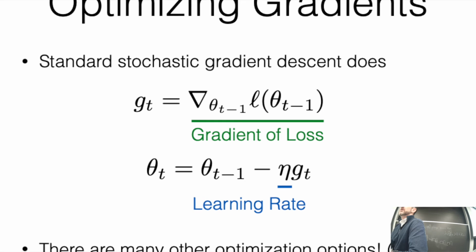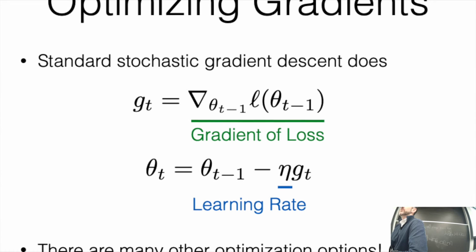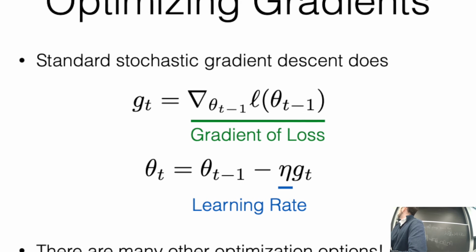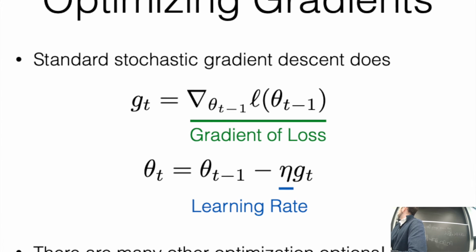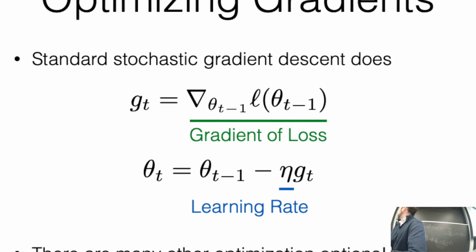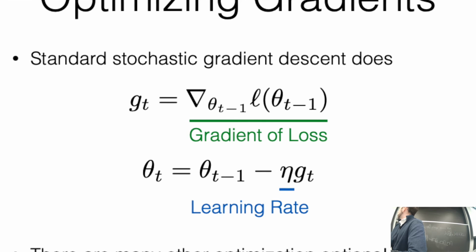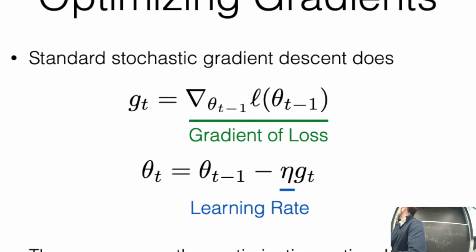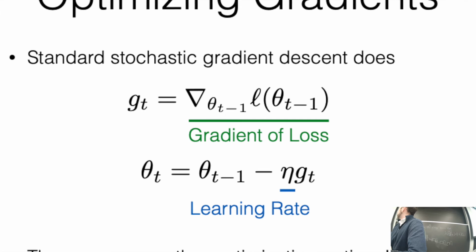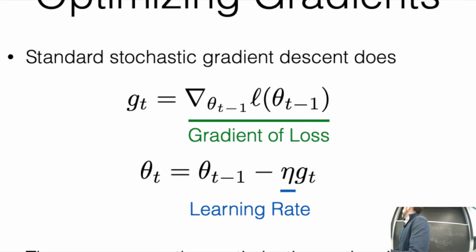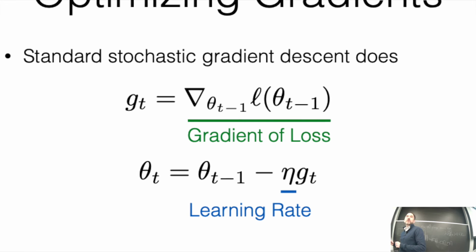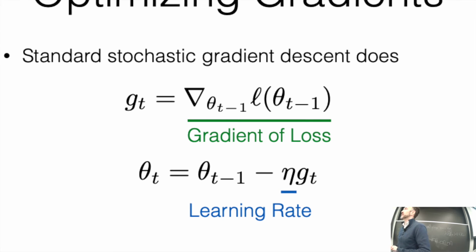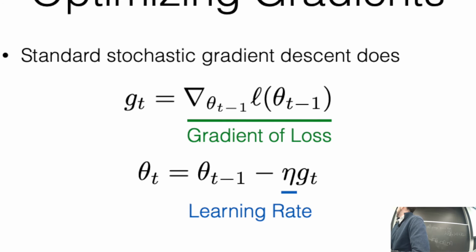So this could be W, the previous value of W, and this is the gradient of the loss. Then we take the previous value and subtract out the learning rate times the gradient. There are many, many other optimization options. I'll cover the more frequent one, called Adam, at the end of this lecture, but this is the basic way of optimizing the model.